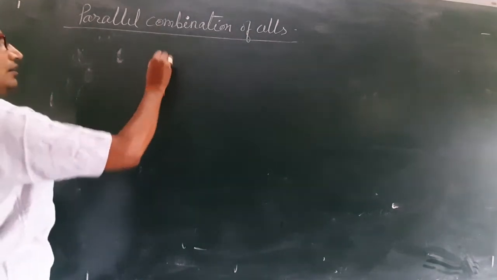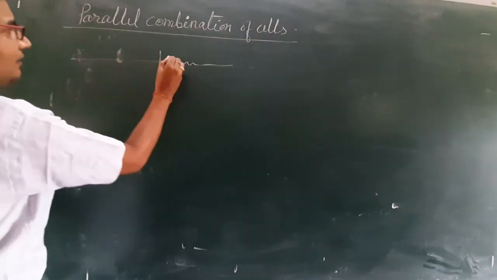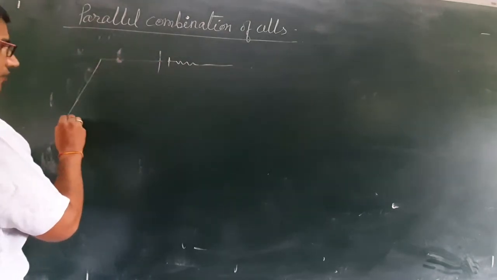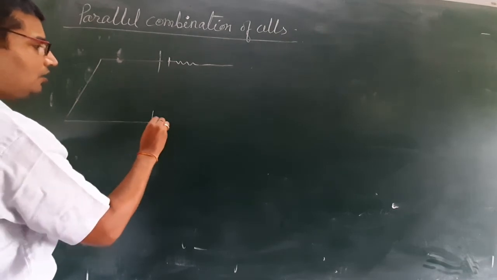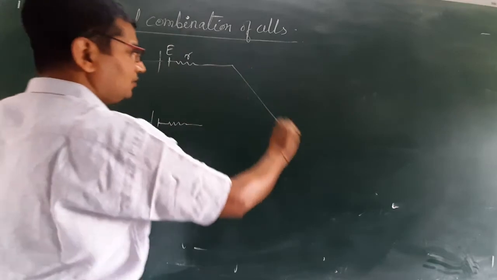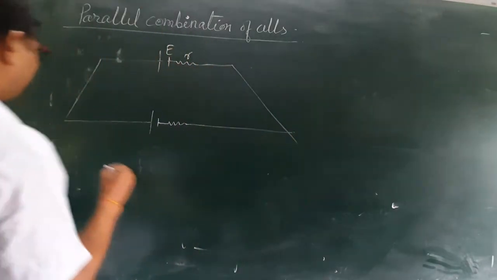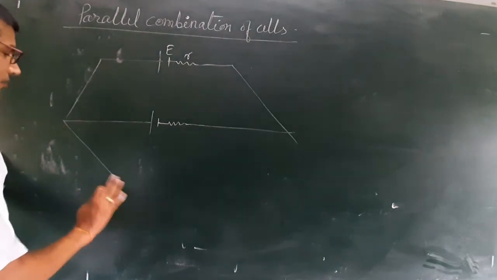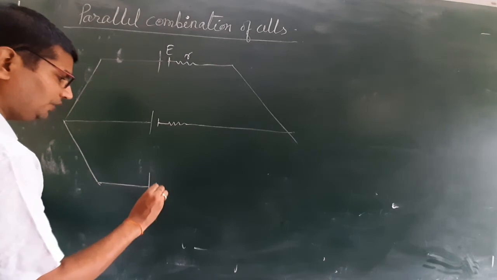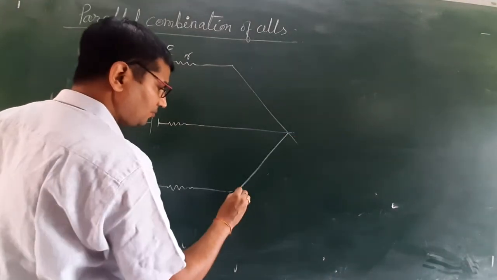I am supposing n identical cells, each of EMF capital E and internal resistance capital R, are connected in parallel to each other.